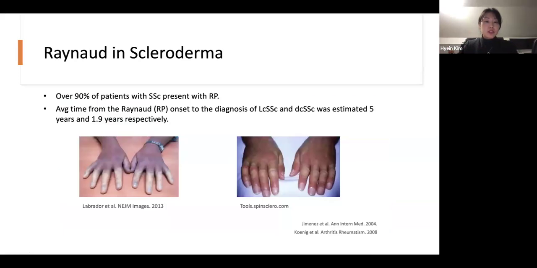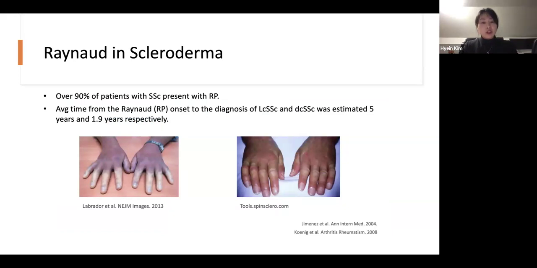In scleroderma particularly, we know Raynaud is very common. If you look at the studies, they quote over 90% of patients with scleroderma presenting with Raynaud phenomenon. Raynaud seems to be the most common first manifestation of scleroderma.